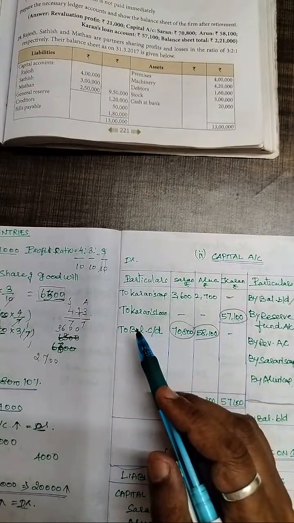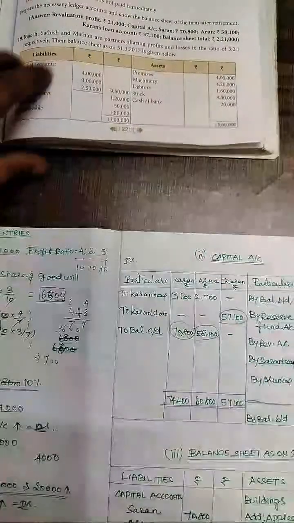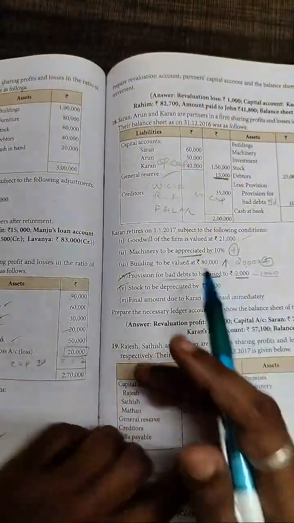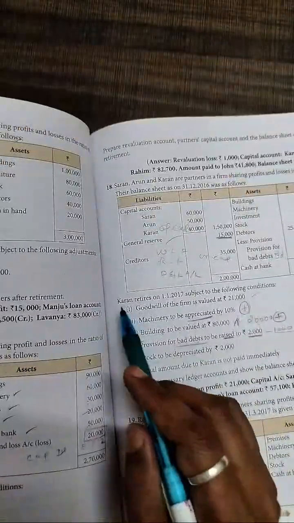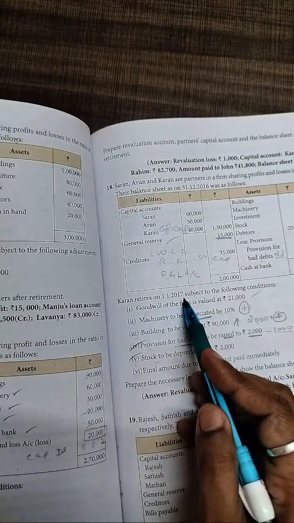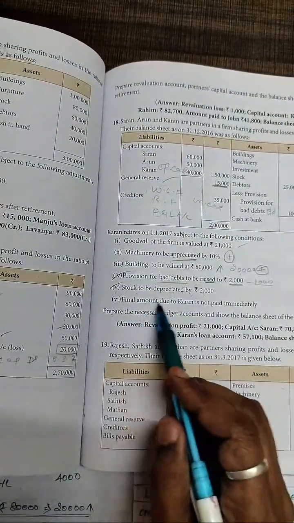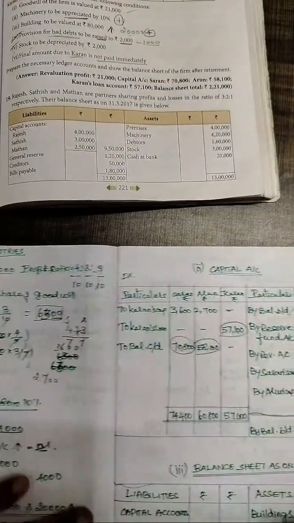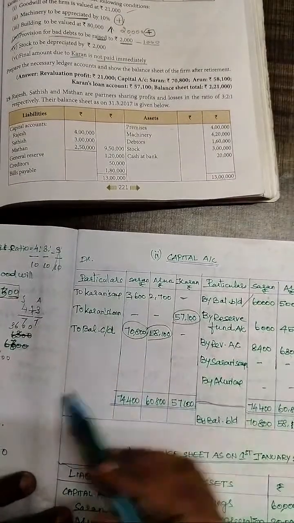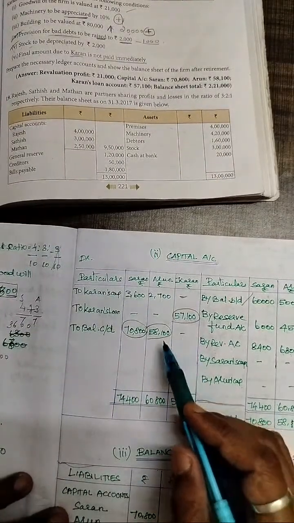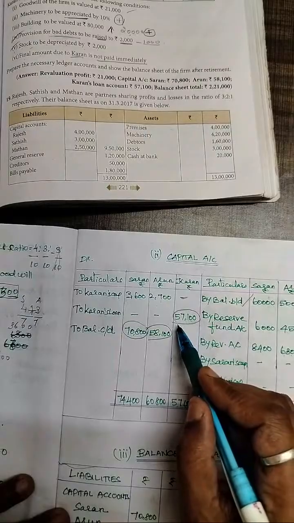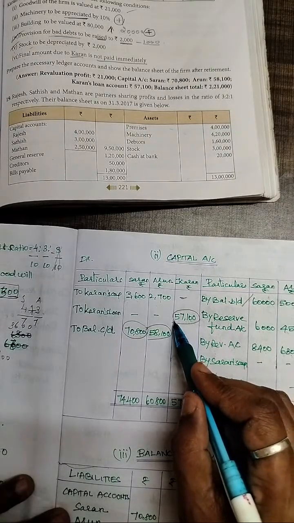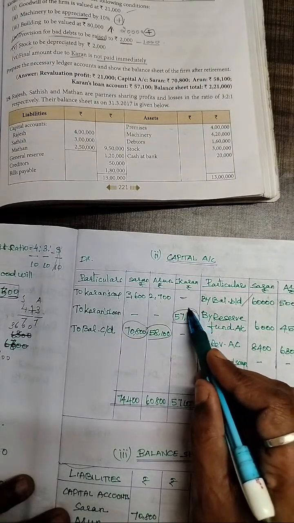Okay, listen, who has retired from the partnership firm? Karan has retired from the partnership firm. Take this question: after Karan retired on 1/1/2017, the final amount due to Karan is not paid immediately. So what is Karan's due amount? That means the settlement amount. After calculation of the capital account, we find that Karan's settlement amount is 57,100 rupees.